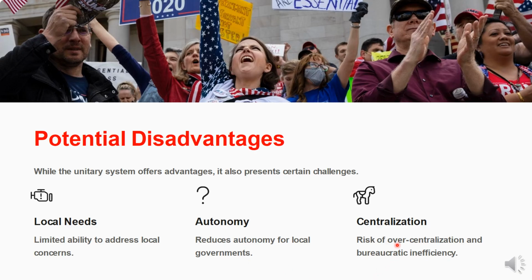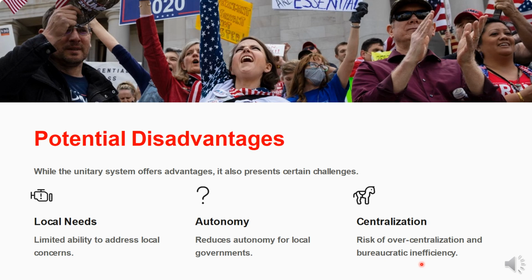And centralization: risk of over-centralization and bureaucratic inefficiency. The concentration of power in a unitary system can lead to abuse of power if not checked by other institutions. Also, the central government may become overloaded with responsibilities, leading to inefficiencies and delays.